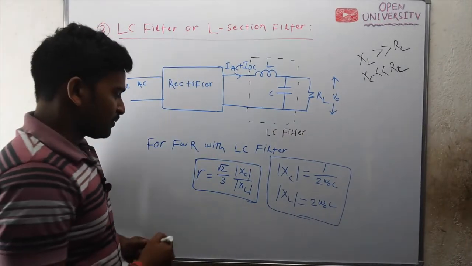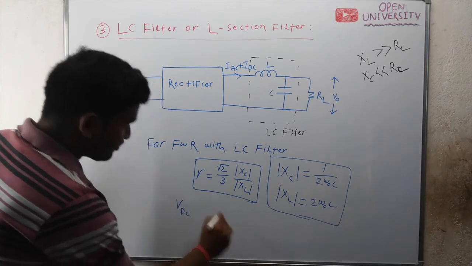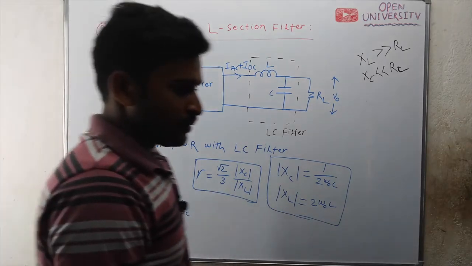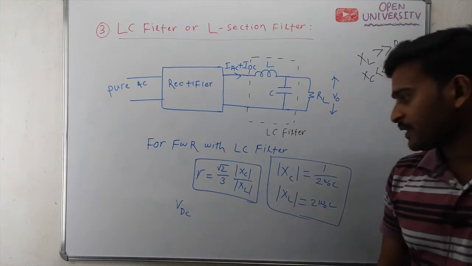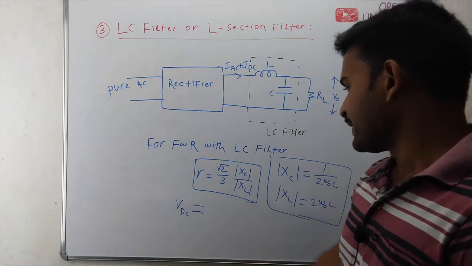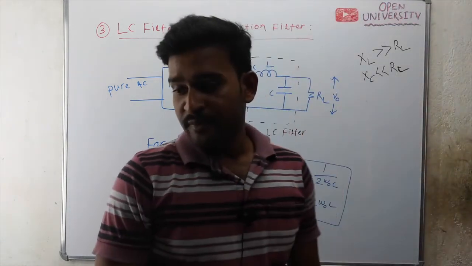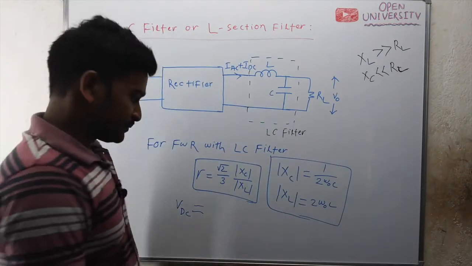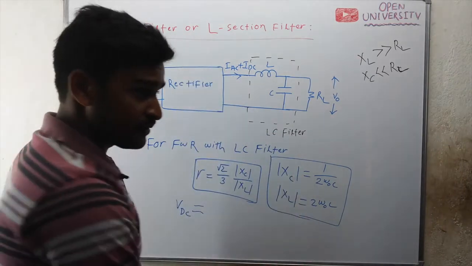Then what will be the formula for the DC output voltage of your full wave rectifier with LC filter? The DC output voltage will be the same as for the inductor filter. Okay, the DC output voltage of the LC filter is the same as the inductor filter. What is the DC output voltage of your inductor filter?